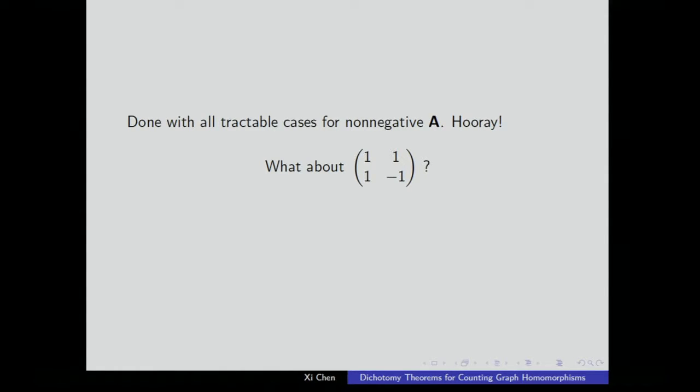Now, the next thing is, what about this matrix 1, 1, 1, minus 1? I think it has been open for some time. We didn't know whether this is easy or hard.